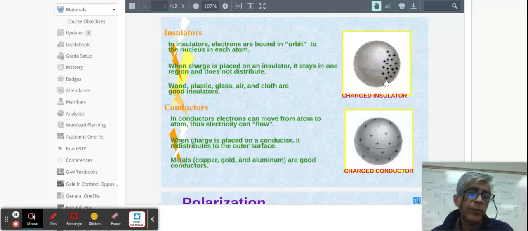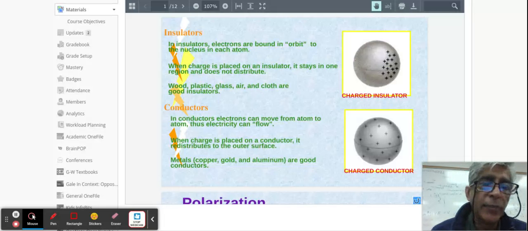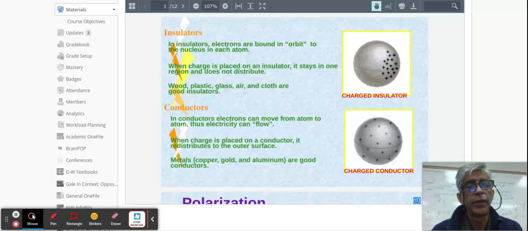I hope you remember from our last lesson that protons never move, so I did not add protons to make it positively charged. I removed electrons, stripping some electrons off here, and that's what it looks like now. This area is void of electrons. Those other electrons can't move in here because they're bound to their own atoms.